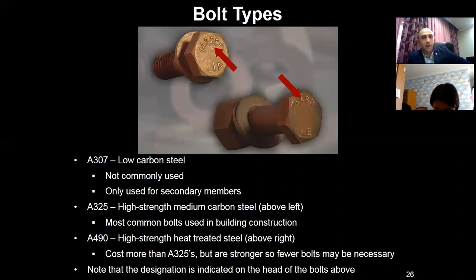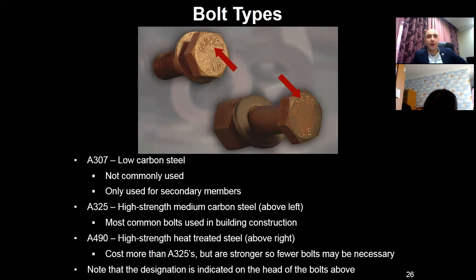For example, A307 tells us that it is a low carbon steel. Low carbon steel is not a popular bolt in construction because of its low bearing capacity. It can be used not for the main construction, just for secondary constructions.